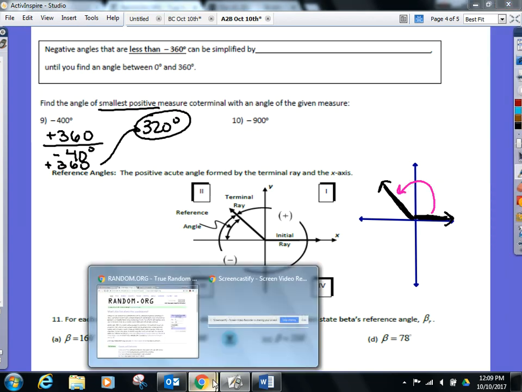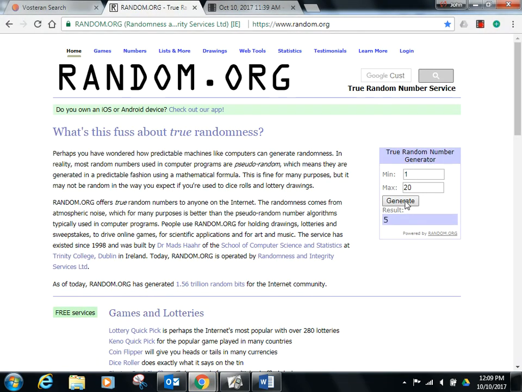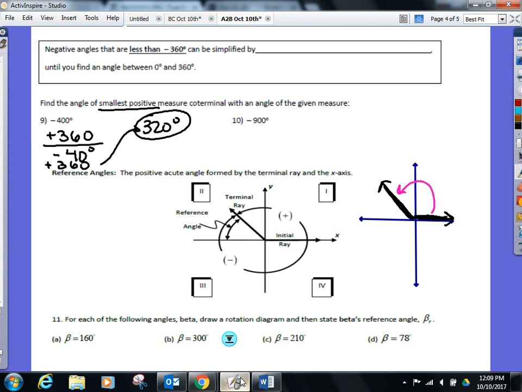Negative 900 simplified down to, here we go... What did it simplify down to? What was it? 180. Yep.